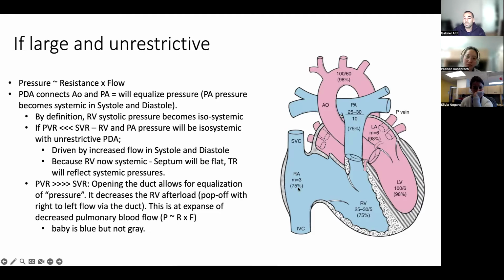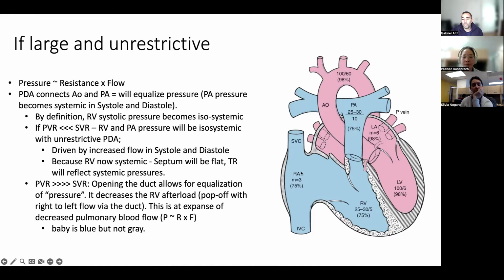So if you get a lot of deoxygenated volume entering your left atrial cavity, well, of course, systemically, you're going to be more desaturated compared to if you get just a few RBCs going there. It makes sense. So it's an average effect.